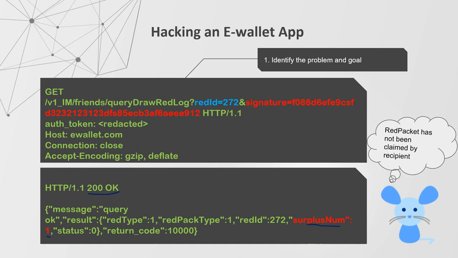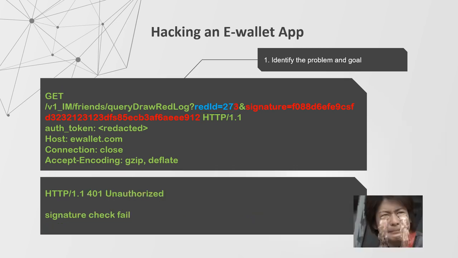It's just sitting there until the recipient opens the virtual packet and the money gets transferred. So the most obvious thing to try is to change the red ID value to see if we can view the status of other red packets. Well, sadly, that didn't work out. I tried to increment this value and receive a 401 unauthorized.